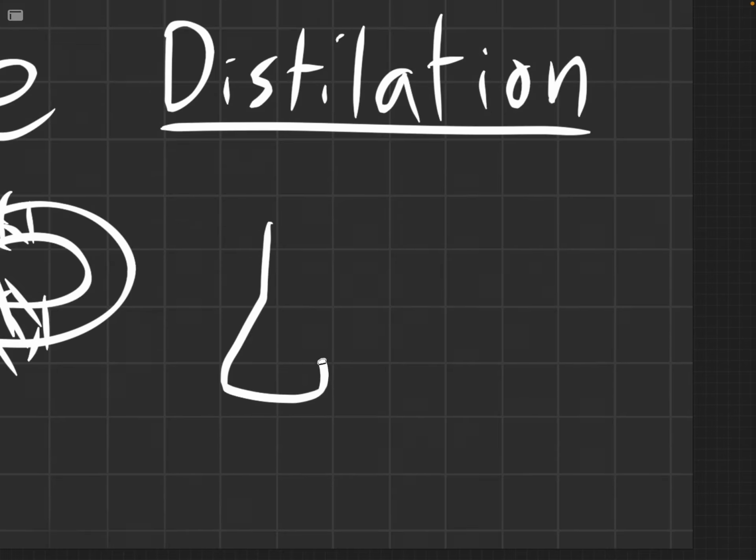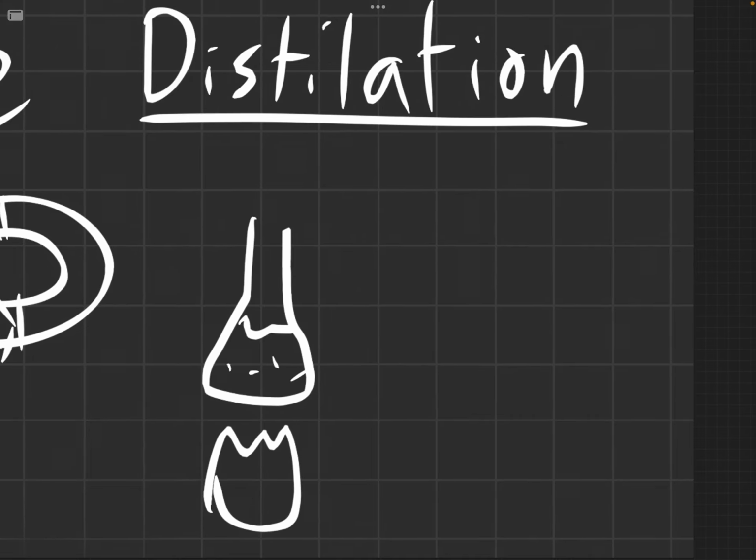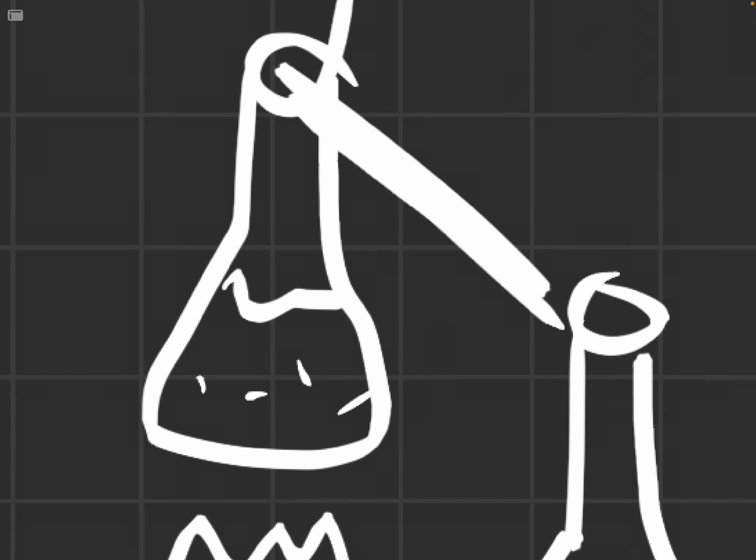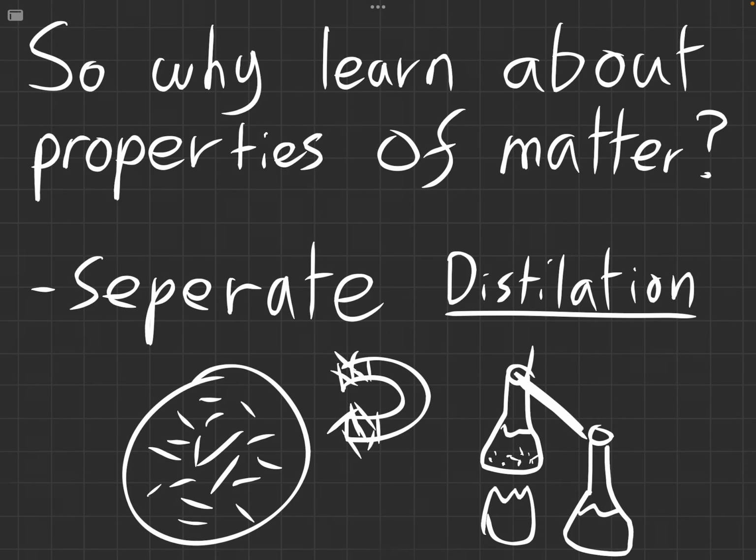So what you can do is you can get a flask and you can fill it with the salt water and then heat it up using something like a Bunsen burner, and then cool the water so that water collects into another flask. It's a terrible flask, by the way. While this flask eventually loses all its water and becomes just salt, separating the two.